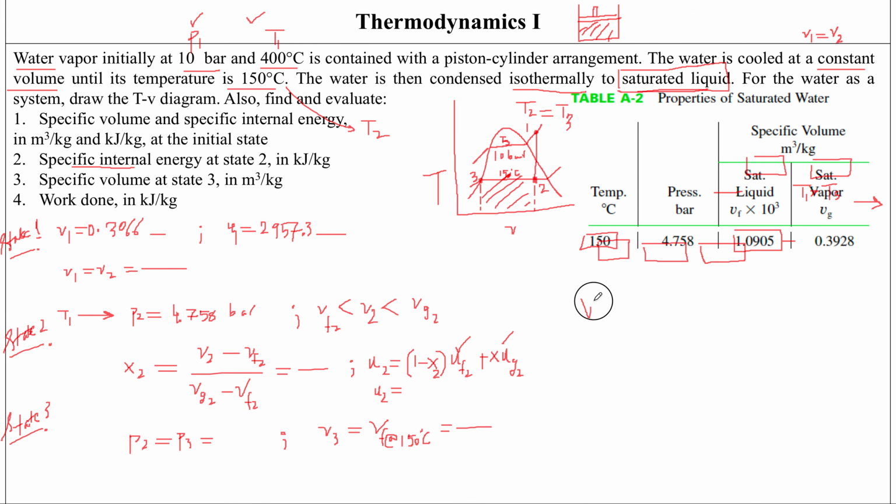And for that, work done in terms of mass is something we've previously seen in terms of pressure and differential of specific volume. So it's given as the integral of P dV applied from the specific volume at the initial state to the specific volume at the final state.